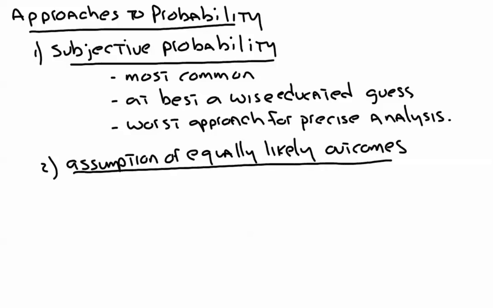I'm not going to spend a lot of time talking about the assumption of equally likely outcomes. It is actually a special case of the third approach, the relative frequency approach. Let me just write that down.